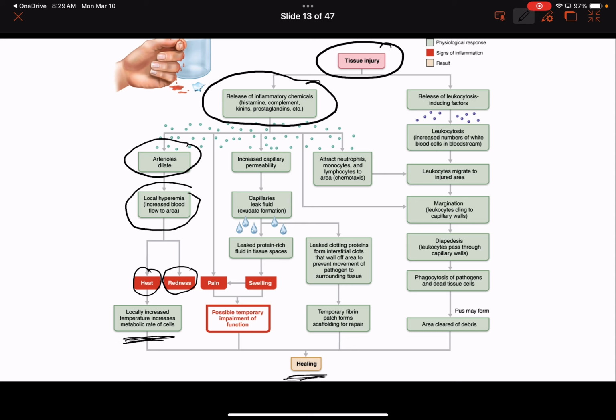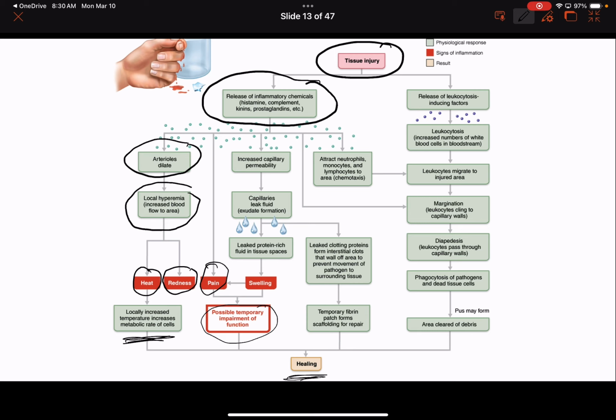Also, these inflammatory chemicals can directly cause pain, which is going to cause possible temporary impairment of function. So you may not be able to move that particular site, depending on how big the injury is. So you may have some immobilization, which, I mean, not moving something that's injured is going to help with the healing processes also.